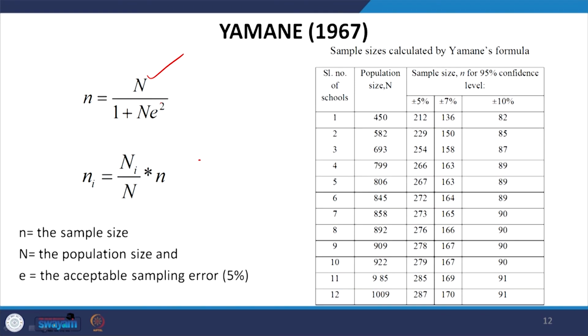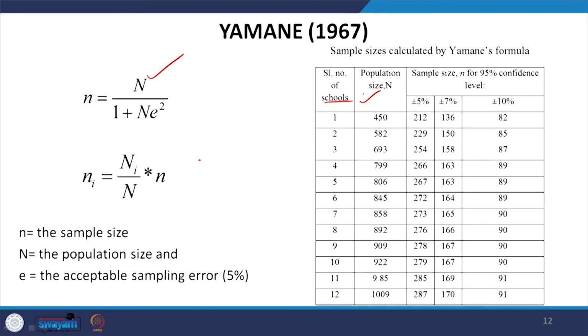Now, based on this Yamane formula, we could get the information from the table. Look at this: the first column gives school information, first school, second school, and the second column gives the population size.